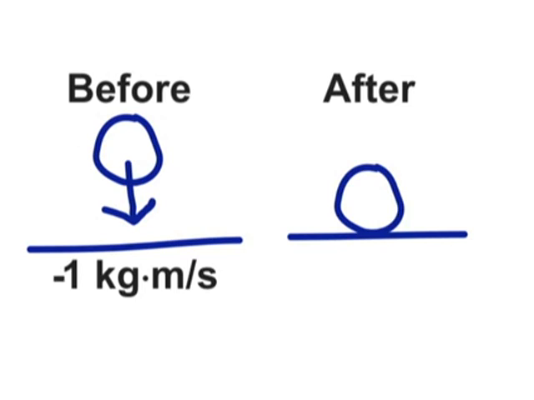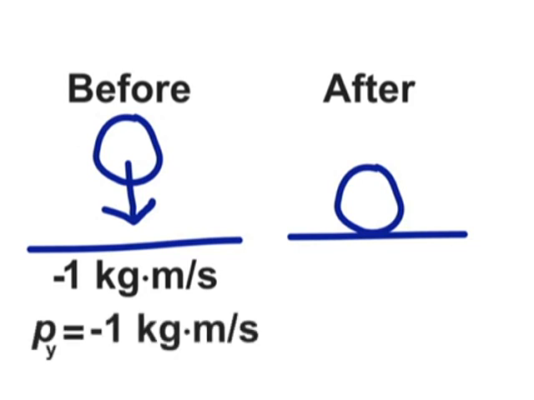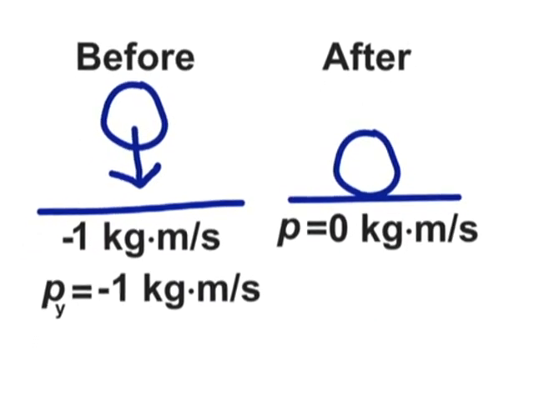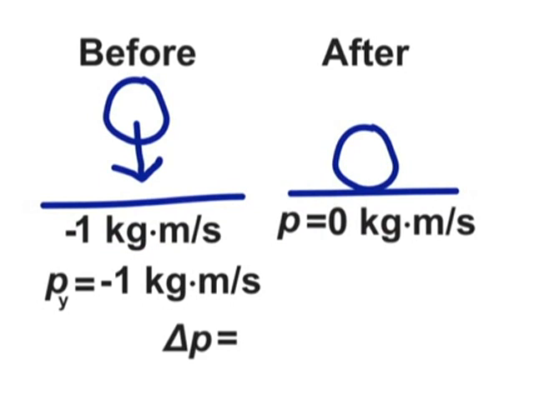So the magnitude is 1 kilogram meter per second, but since it's moving downward, I'm going to say Py is equal to minus 1 kilogram meter per second. That's what it is before. What's the momentum after it comes to rest? 0. So what's delta P in this case? It went from minus 1 to 0. The change is plus 1 kilogram meter per second.